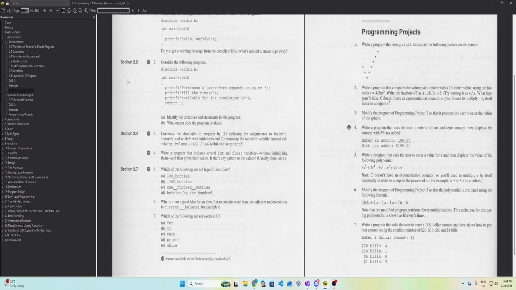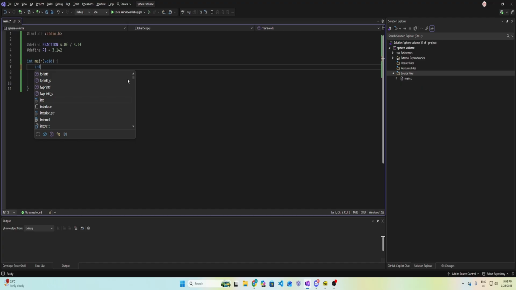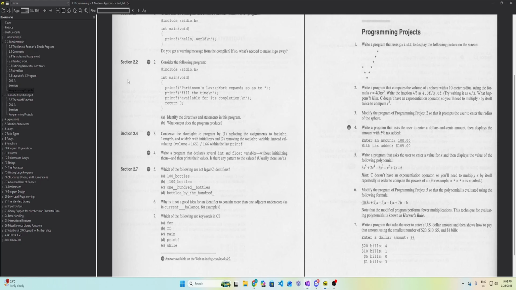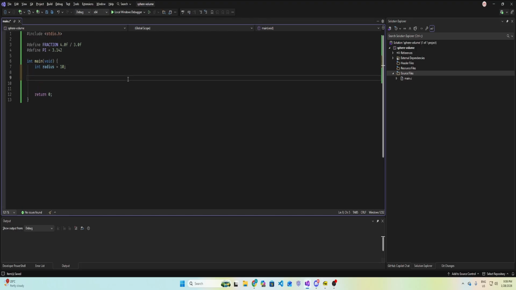So 10 meter radius. I'm going to make an int radius equals 10. So we say, I think we can initialize, this will probably be a float volume.